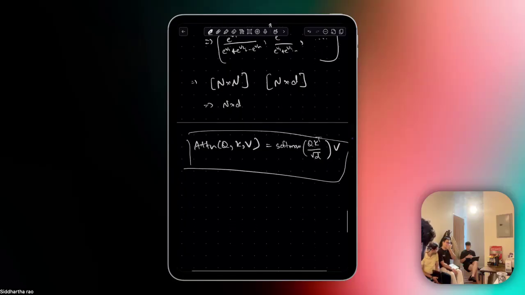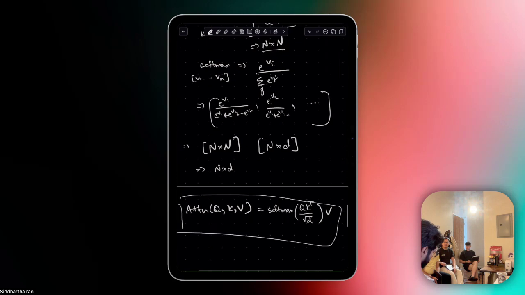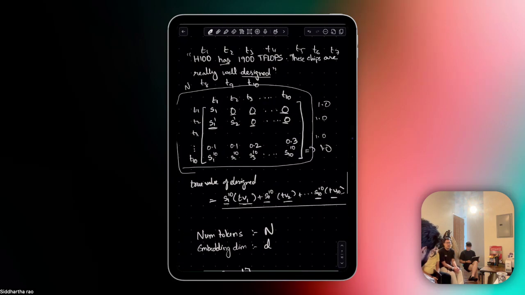What's the difference between masked self-attention and regular self-attention? Good question. We are talking about next token prediction, right? Each token cannot assign a score to the token after it because it technically hasn't seen it.